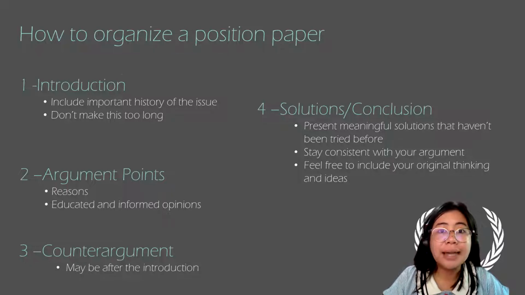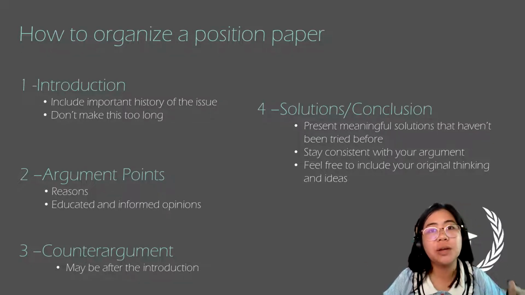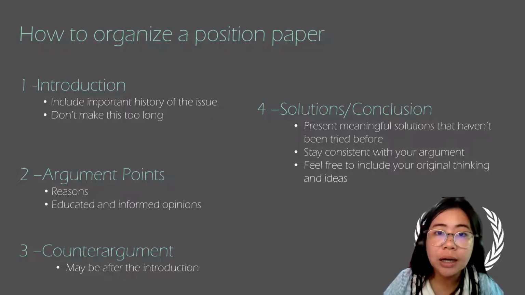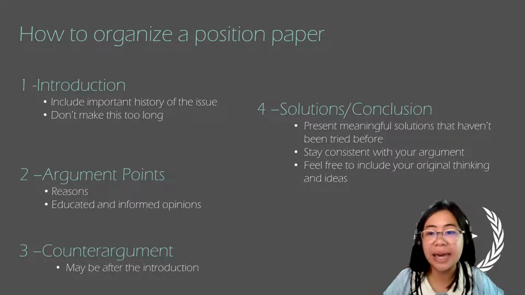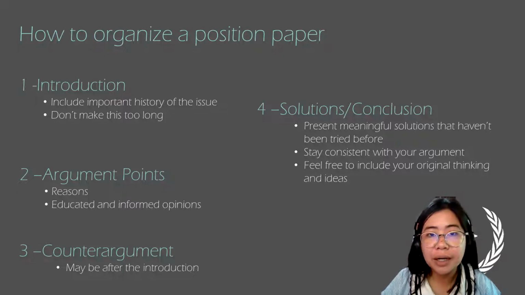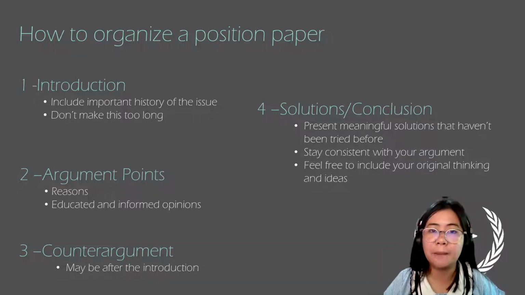You present now educated and informed opinions. When I say educated and informed opinions, you have to include now what others have to say about the issue. Those who support the issue and those who are against the particular issue, those who support a particular policy and those who are against a particular policy.